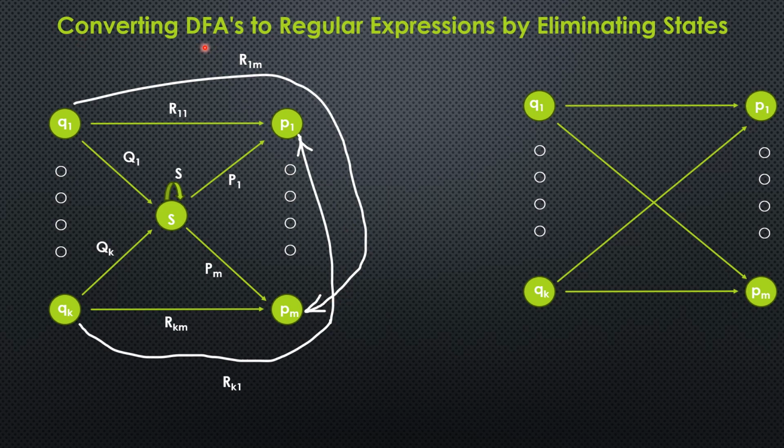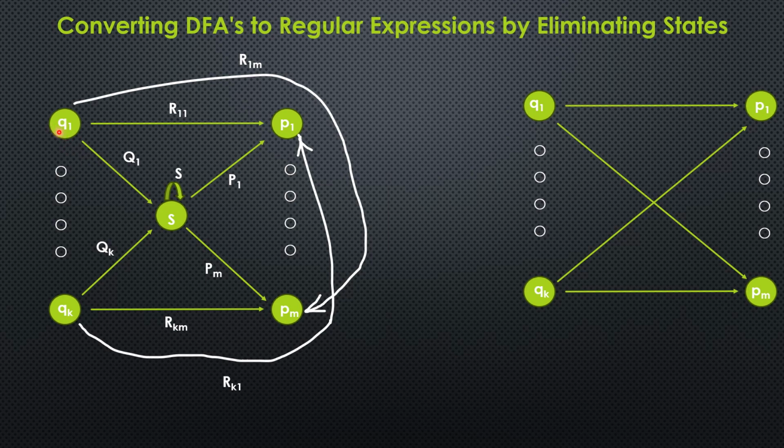We are going to convert a DFA to a regular expression by the state elimination method. Now let us consider a state S. I'm in the state S, and with an input S, again I remain in the same state, which means S star.